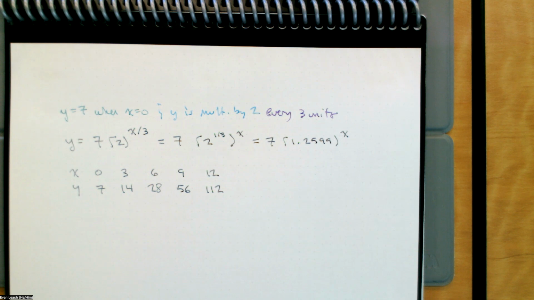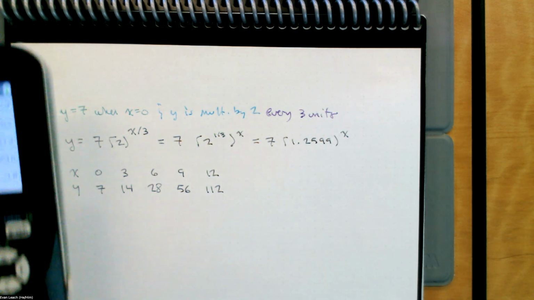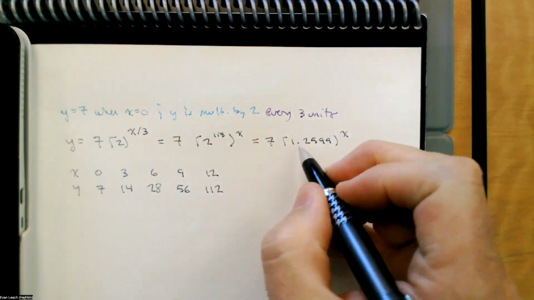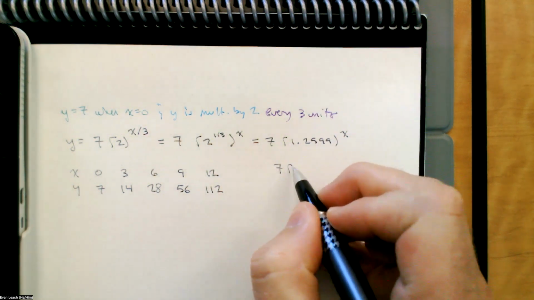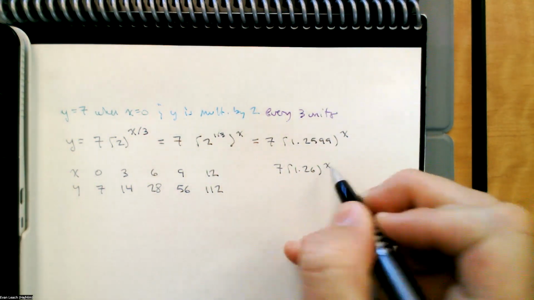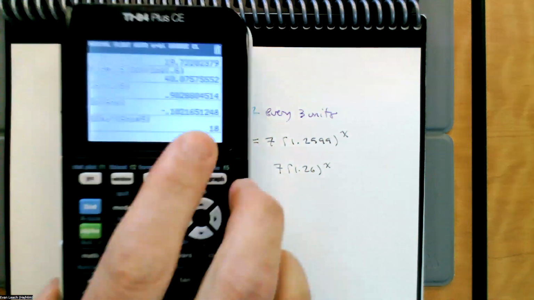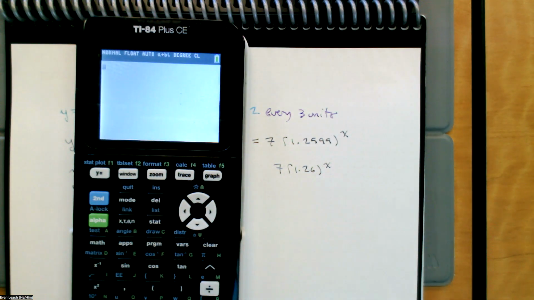The more we round, the more error we introduce. As far as what we write down, I would probably just have you write down 1.26 to the x. But the farther out we go, the more that this rounding is going to work against us.